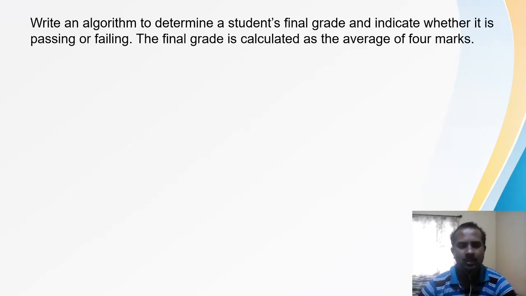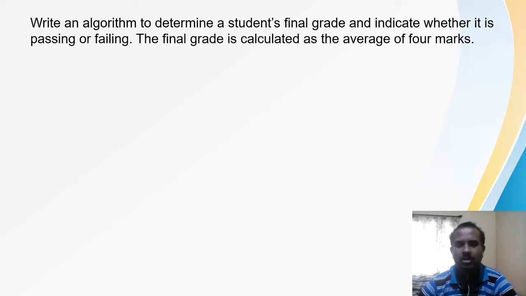Let us understand the algorithm and the pseudocode by using one example. What is the problem that is given? Write an algorithm to determine a student's final grade and indicate whether it is passing or failing. The final grade is calculated as the average of 4 marks.